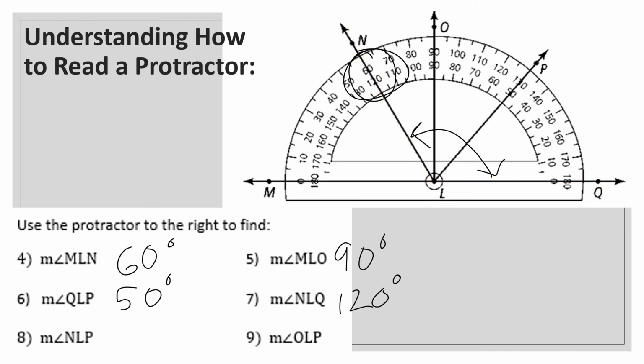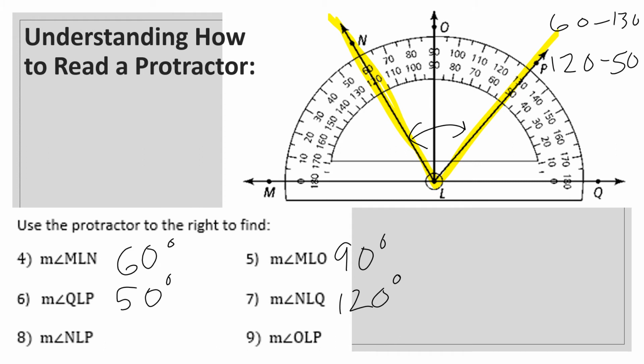Then we have the angle measure of NLP. NL and P. Okay, so now this is a little tricky. One, you have to decide here, are you going to use the bottom number or the top number? Now if you use the top number, you're going from 60 to 130. If you're using the bottom number, you're going from 120 to 50.